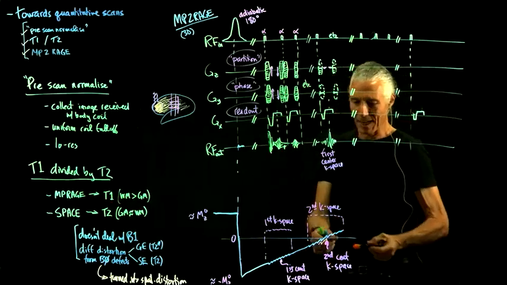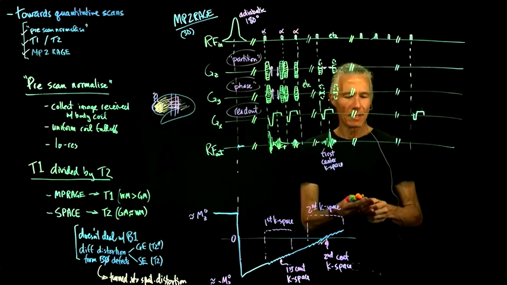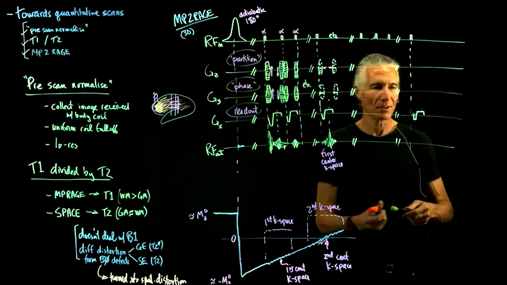And so we get a lot of contrast between the gray and the white matter. That one will correspond to our second big echo.